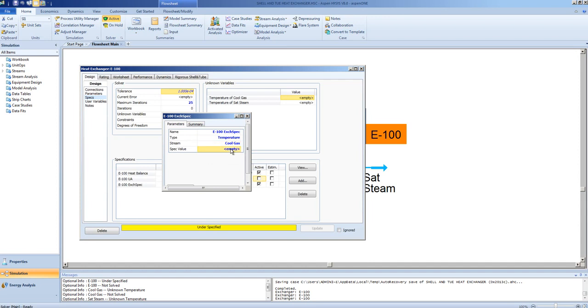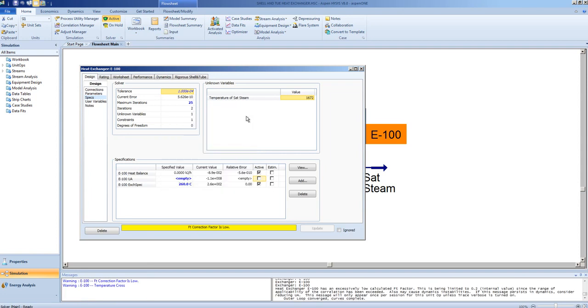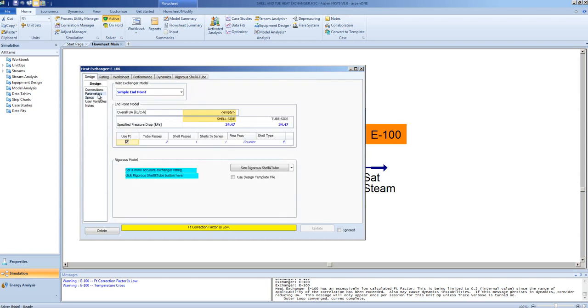Here we will drop the cool gas temperature to 260 degrees Celsius. Note we get a message that the FT correction factor is low. You can choose to ignore that message, as this is a simple heat balance type calculation and a formal design for the exchangers, including its geometry, is not considered.